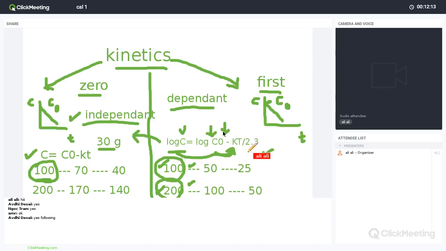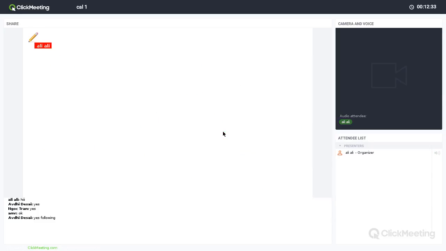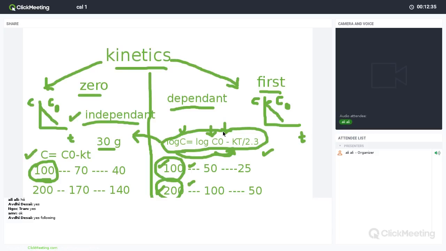So now this is the first equation. We will solve some questions with it after that. This one is very important. We will add here all the important equations we will use to solve the questions.